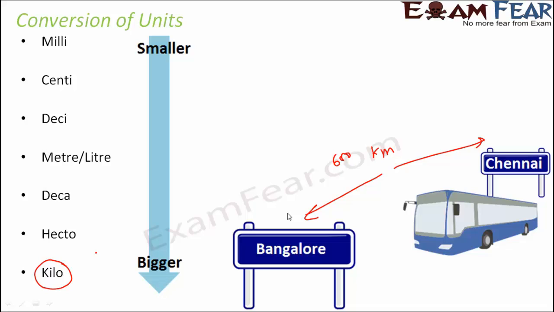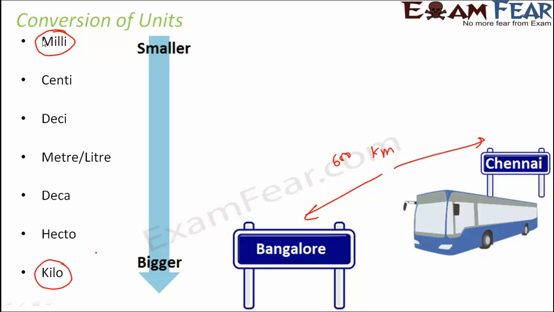So that is when we make use of smaller units like millimeter. So now these are the variety of units that we have, and depending upon how big or how small the number is, we can make use of each of these units. And these units can be converted from one unit to another.